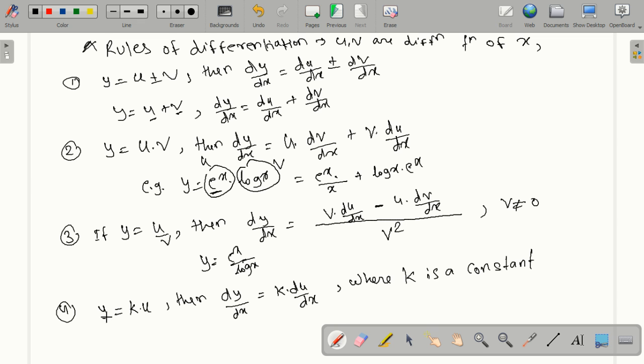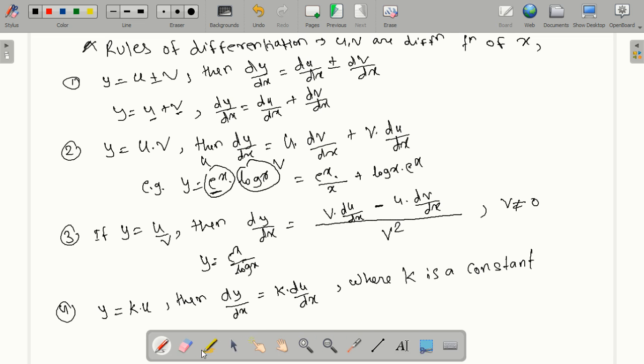So let's say that y is of the form 3 into e raised to x, then dy by dx, 3 will be outside because 3 is a constant, into du by dx. In this case, u is e raised to x, so 3 into d by dx of e raised to x. We will get the answer as 3 e raised to x because the derivative of e raised to x is e raised to x.